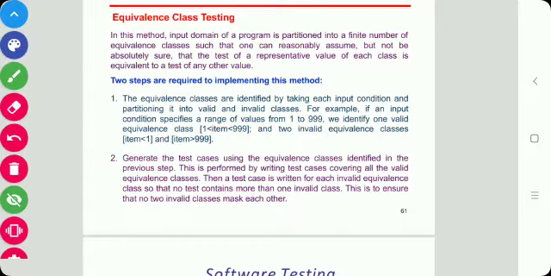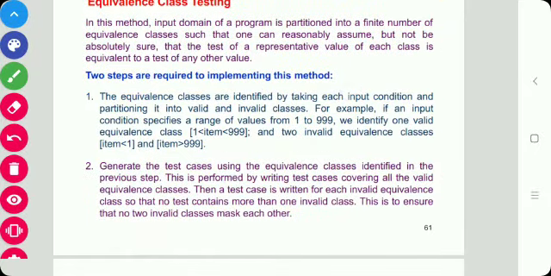So for example, suppose the input range for the value is 1 to 999. Okay. So the equivalence classes are: first is the valid class, which consists of the values from 1 to 999.